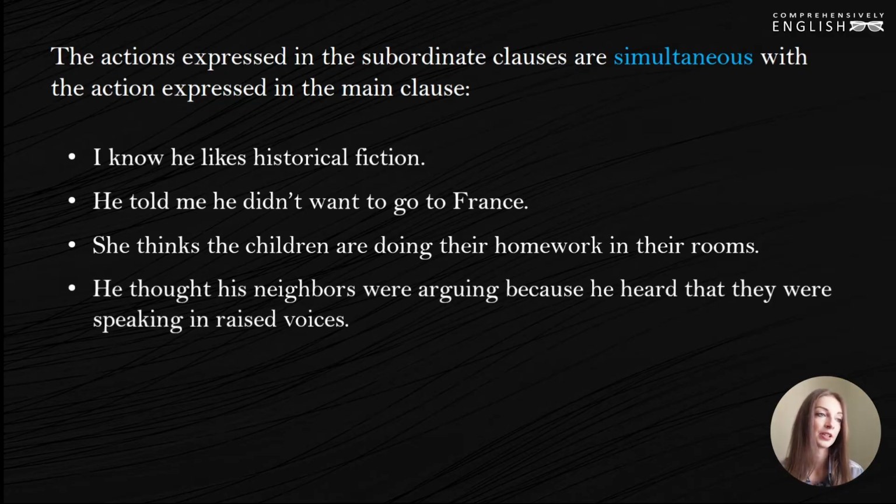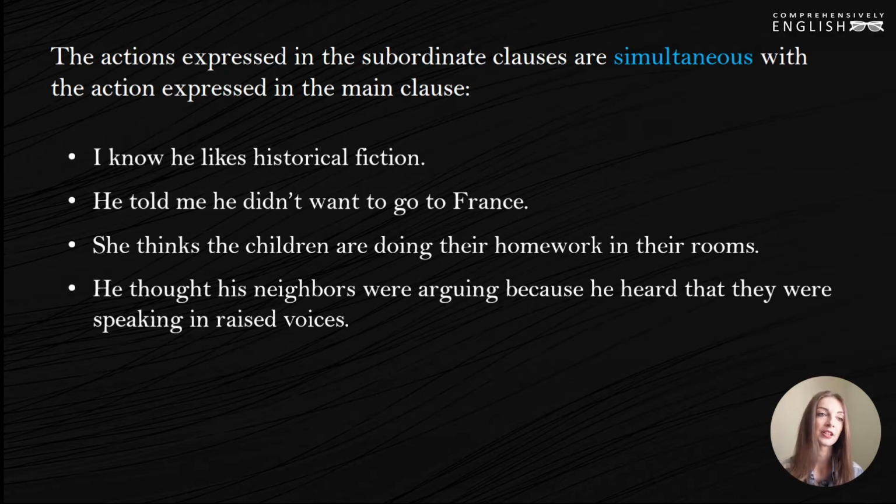He thought his neighbors were arguing because he heard that they were speaking in raised voices. All the verbs in the sentence express actions that are simultaneous. He thought, again, this verb expresses his opinion, so the past simple tense is used. The neighbors were arguing.